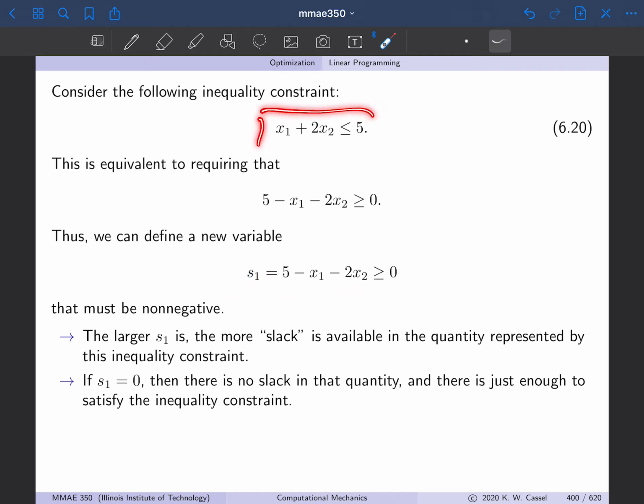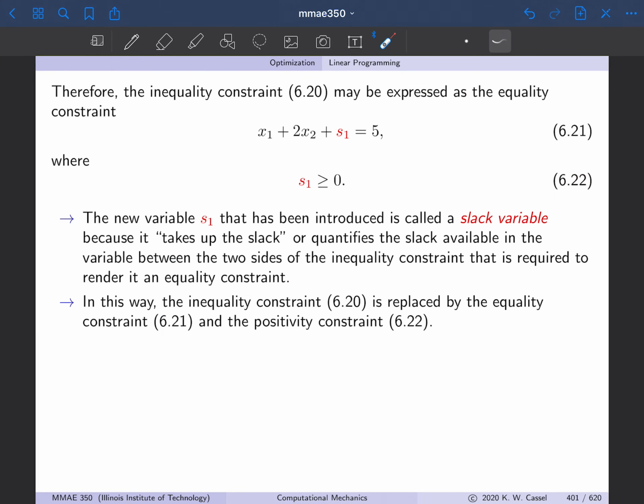So let's go back to the original inequality constraint, x1 plus 2x2 is less than or equal to 5. What that says in terms of the slack variable is we can turn that into an equality constraint by simply adding s1 on the left. If x1 plus 2x2 is less than or equal to 5, then there's some number s1 that, quote unquote, takes up the slack such that x1 plus 2x2 plus s1 is now equal to 5.